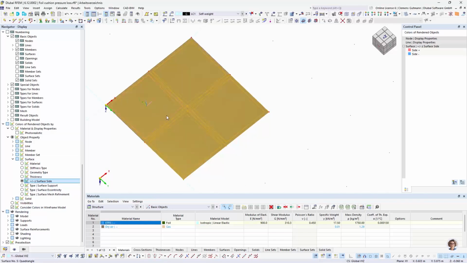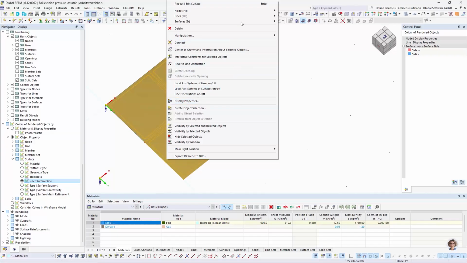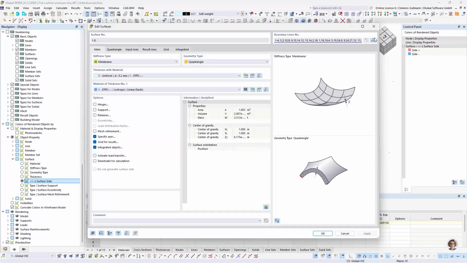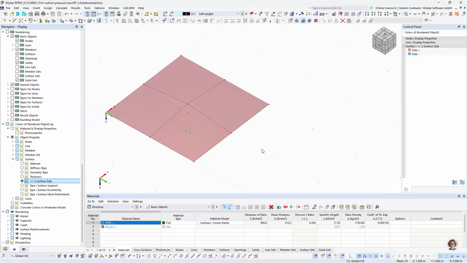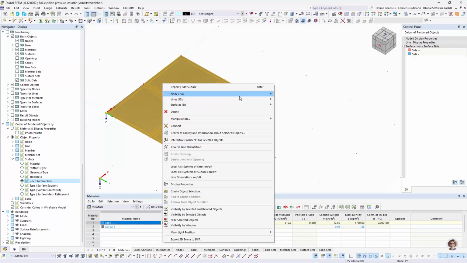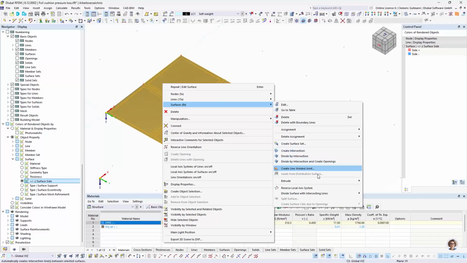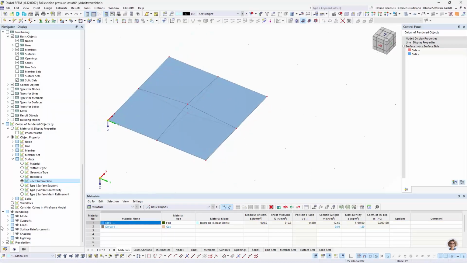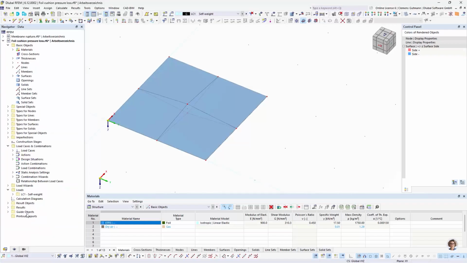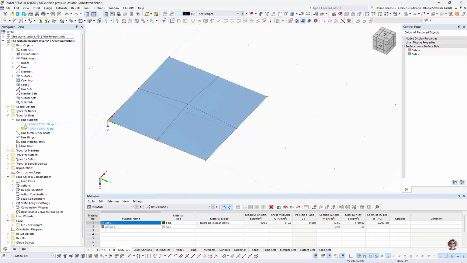But maybe let's flip them downwards. Sorry, wrong button. Okay. Good. Then we need some line supports.